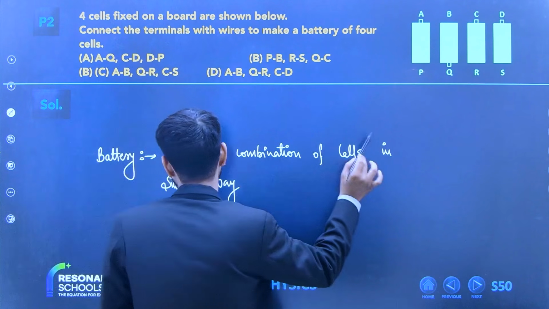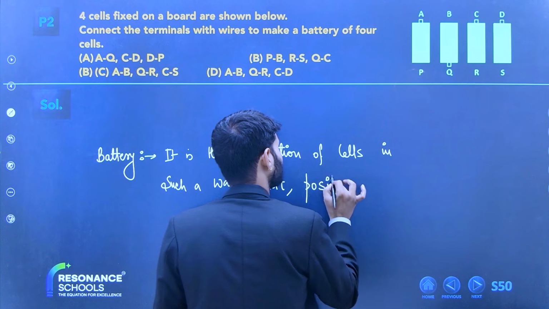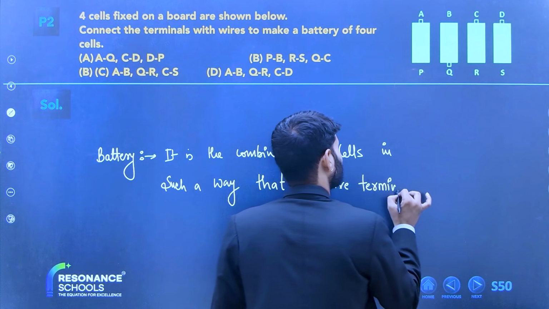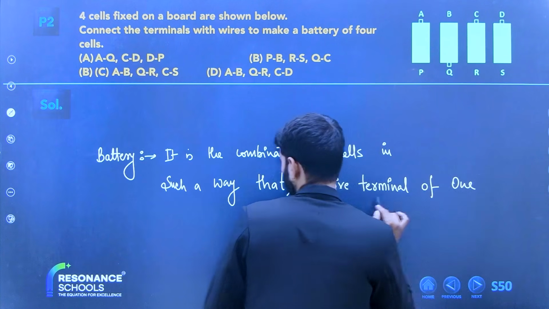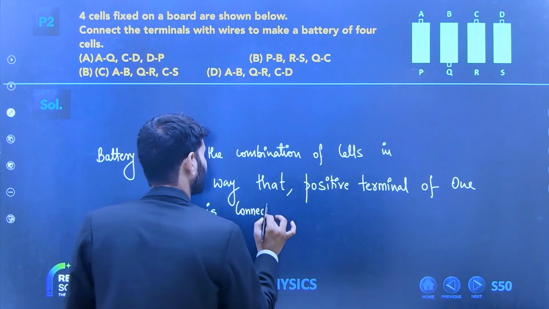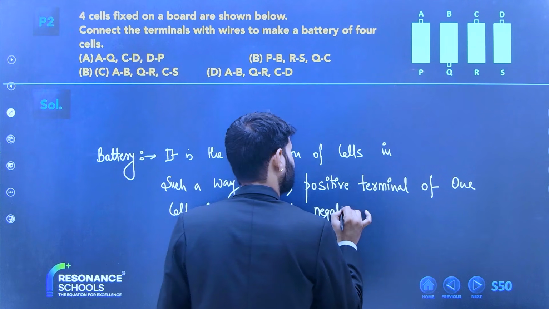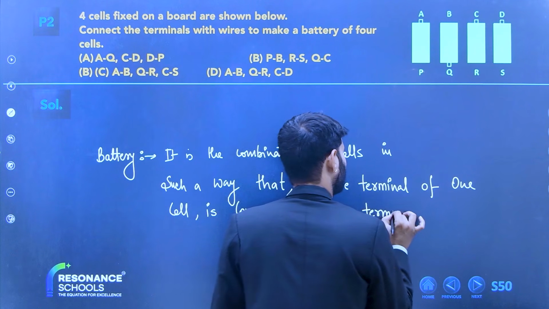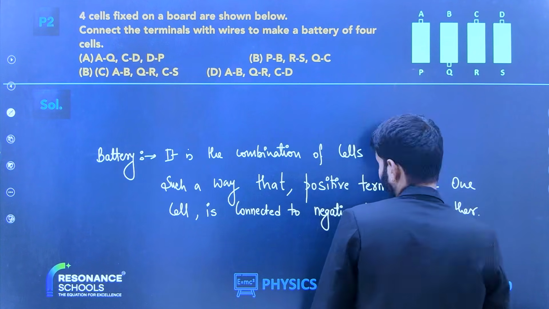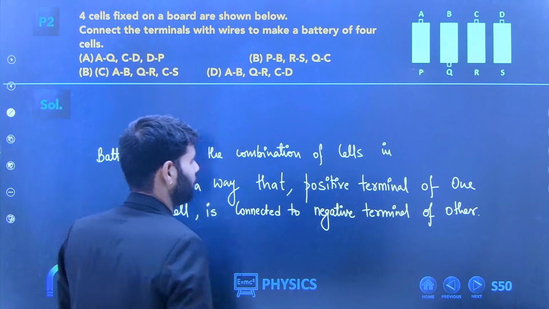So it is the combination of cells in such a way that the positive terminal of one cell is connected to the negative terminal of the other.